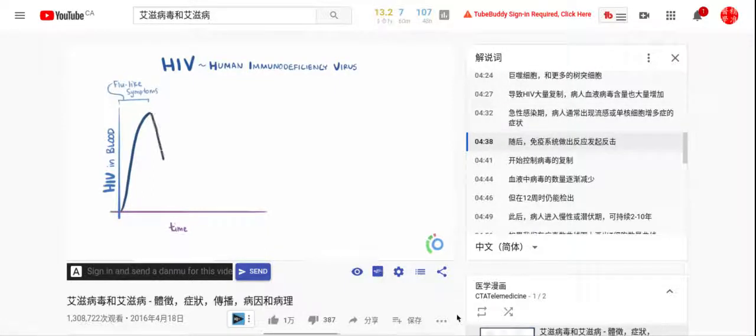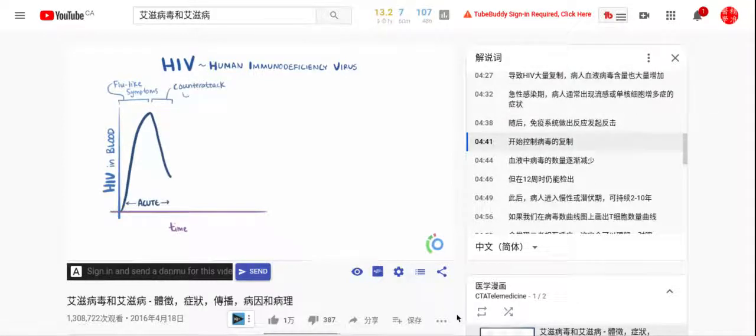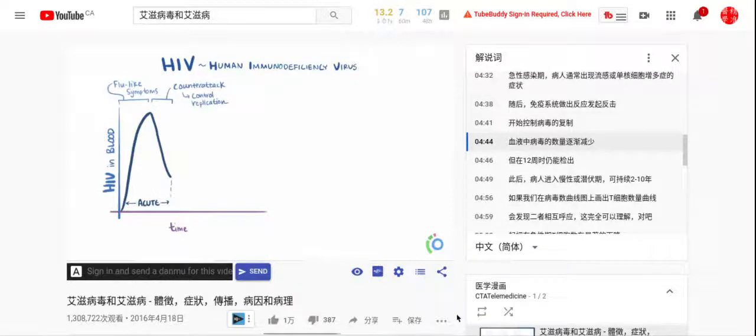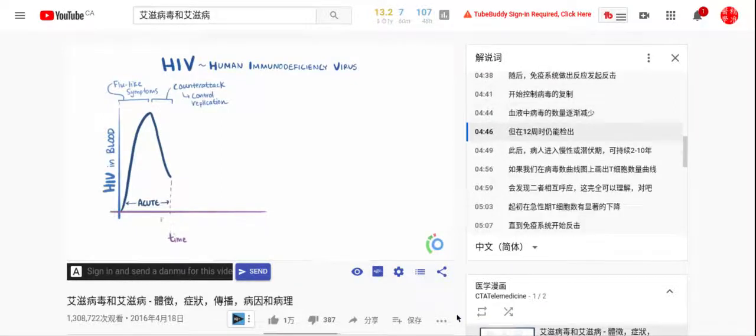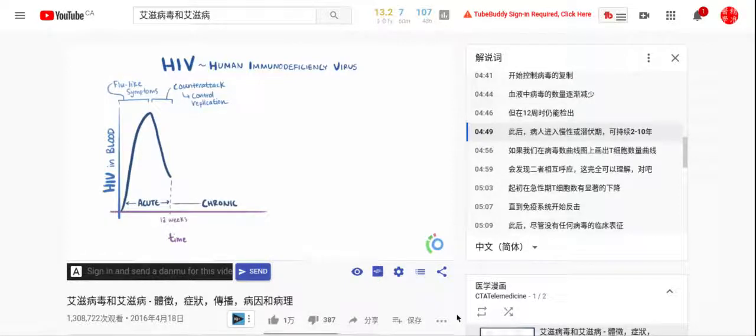In response, the immune system mounts a counterattack, though, and starts to control the amount of virus replication. And the amount of virus in the blood declines to lower but still detectable levels by 12 weeks, at which point the patient enters into the chronic or clinically latent phase, which can last between 2 and 10 years.